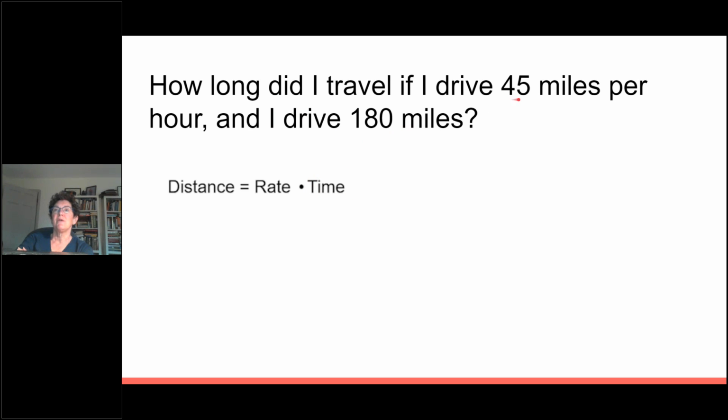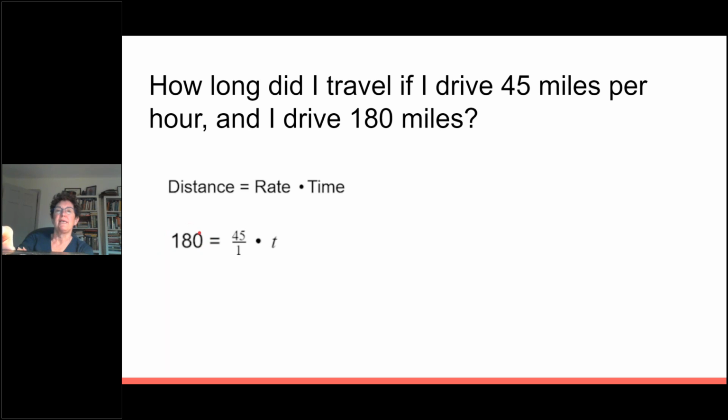It does give me a rate, 45 miles per hour, and it does give me a distance, 180 miles. So I substitute in what I know. Distance, 180. Rate, 45 over 1. And then I'm going to figure out how to find the time from there.